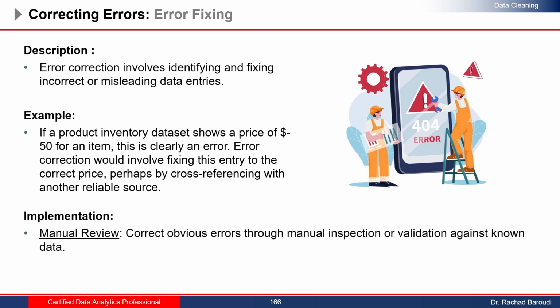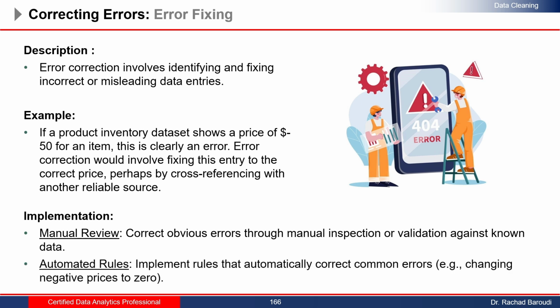In this case, how to implement it: manual review, correct obvious errors through manual inspection or validation against known data. This is very time consuming. Or automated rules: implement rules that automatically correct common errors, changing, for example, negative prices to zero to start with.